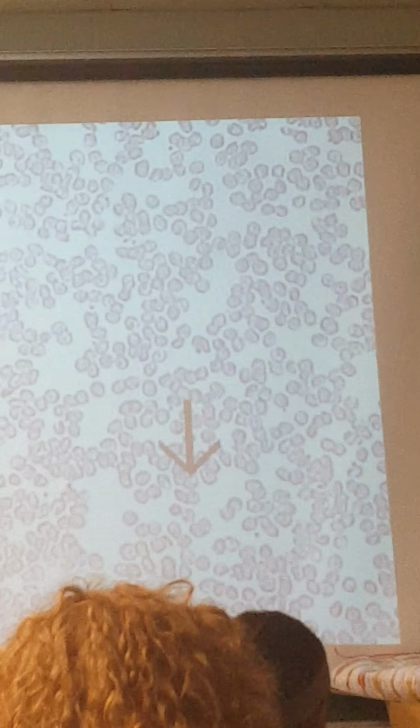Wait, Brian, which one is the lava lamp again? The neutrophil. Okay, there's the neutrophil. So here, this is really nice. Neutrophil next to lymphocyte. There they are. We'll compare them. It's cool when you see them next to each other.